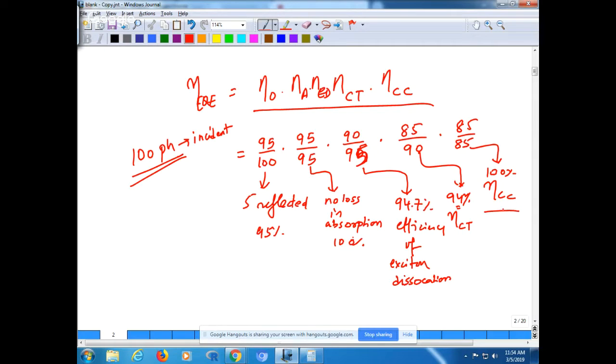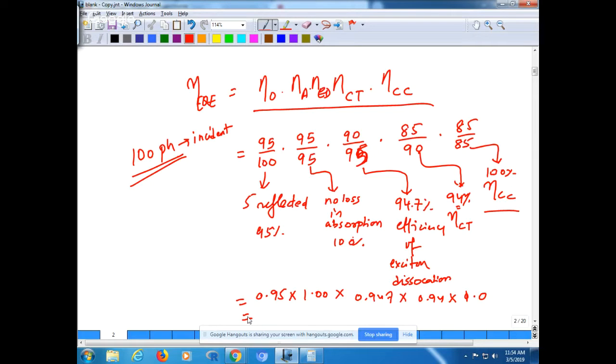So now you can take a product of it, 0.95 into 1 into 0.947 into 0.94 into 1. This will be the final quantum efficiency.